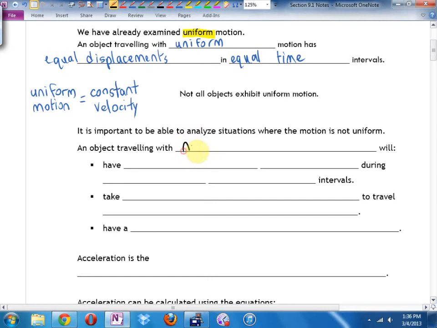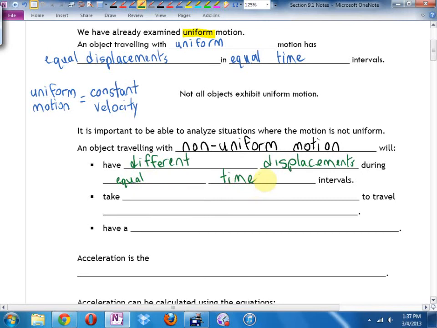An object traveling with, fancy word, non-uniform motion will have, first of all, different displacements during equal time intervals.